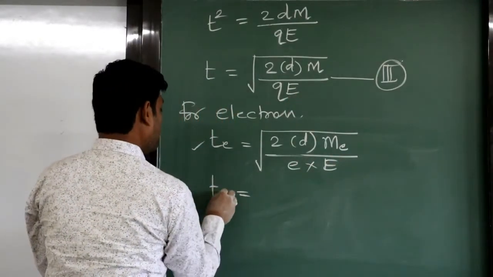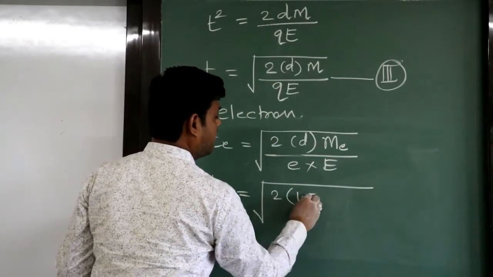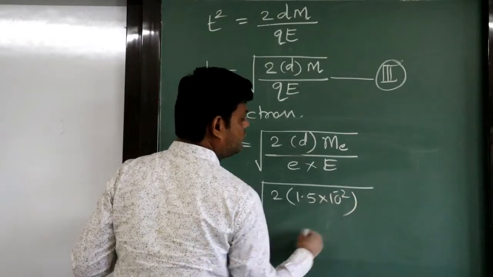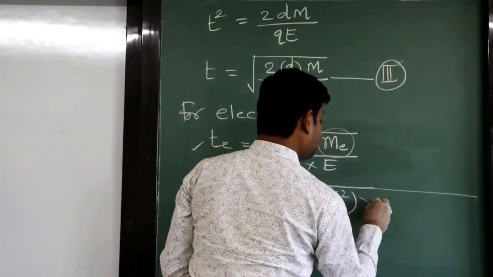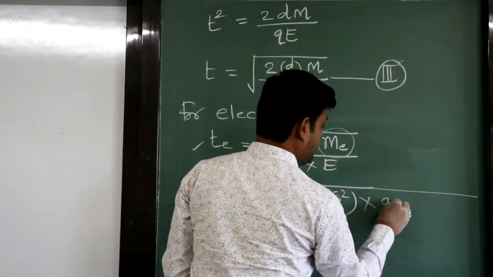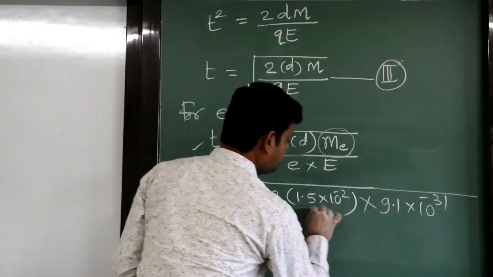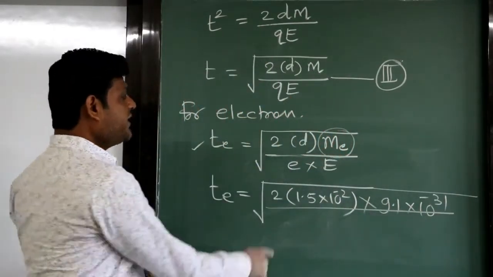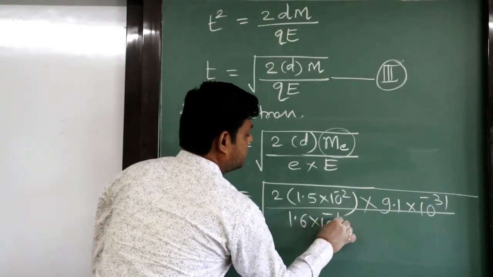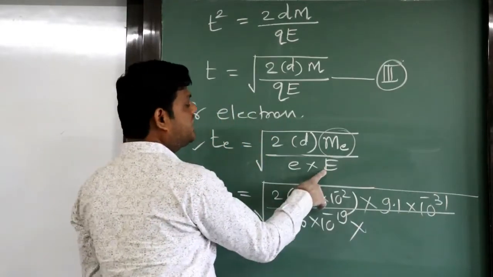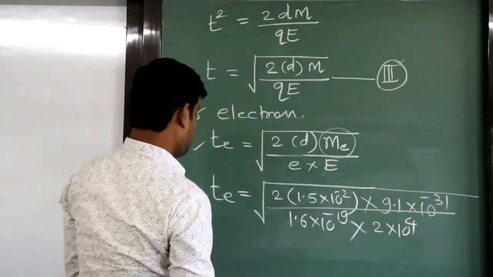Now putting in all the values: 2 into 1.5 × 10^-2, the mass of electron, which is given as 9.1 × 10^-31 kg, divided by e, the magnitude of the electron charge, that is 1.6 × 10^-19, multiplied by E, which is given as 2 × 10^4 newton per coulomb.